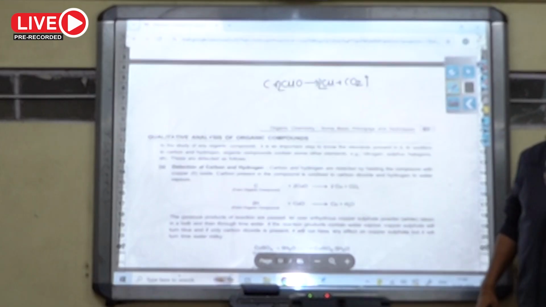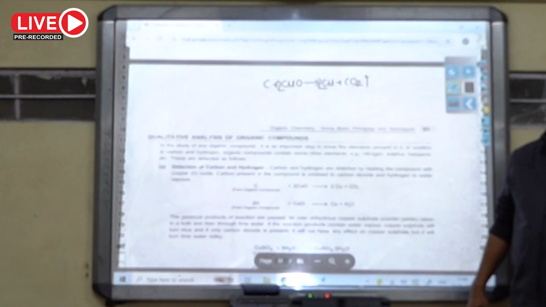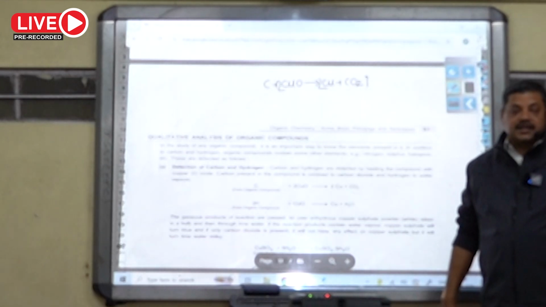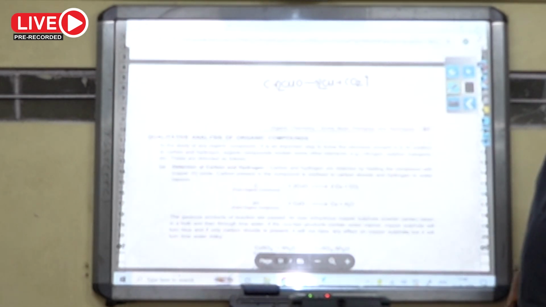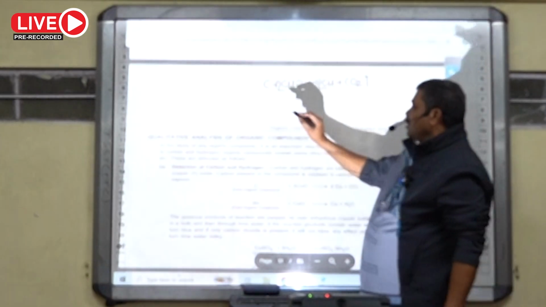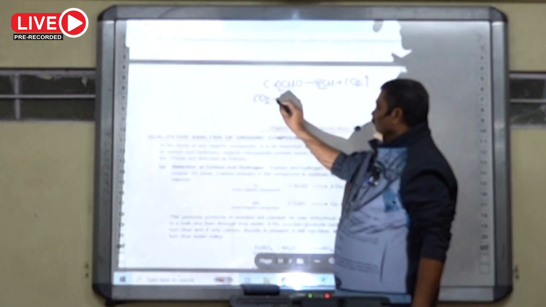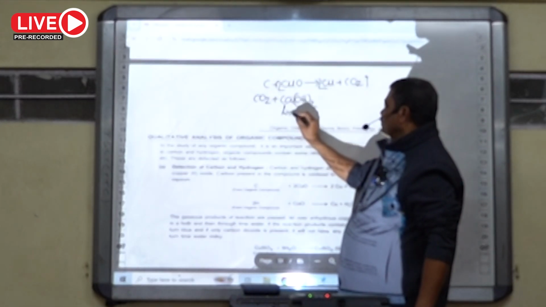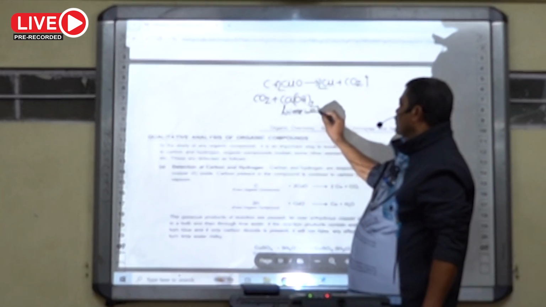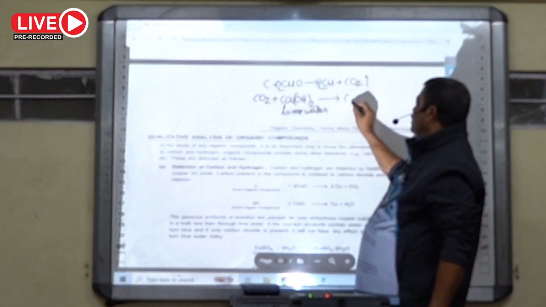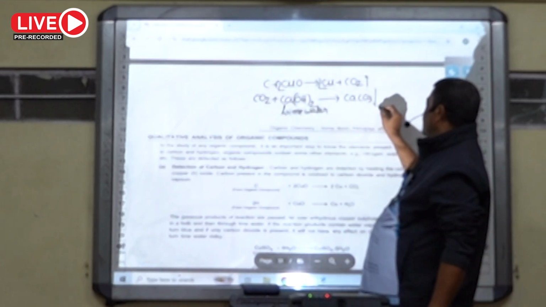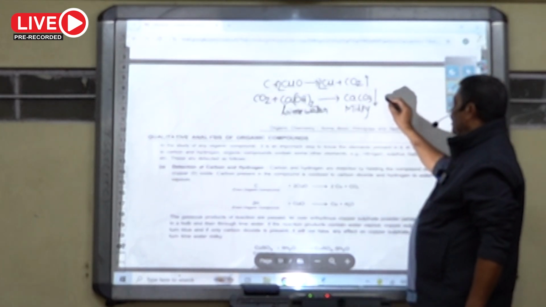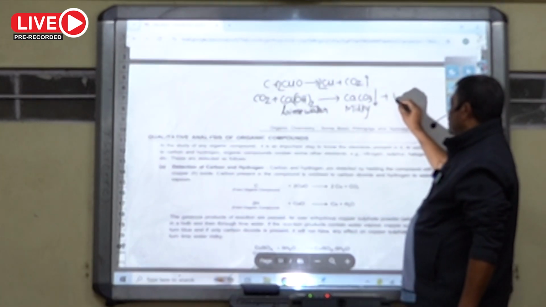So when you heat the given sample with cupric oxide, if the sample contains carbon, it is oxidized to carbon dioxide. This CO2 turns lime water milky. This is lime water. The milkiness is due to the formation of calcium carbonate, which is white in color, plus H2O.